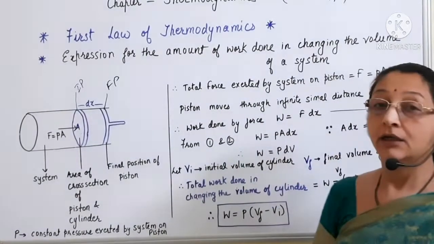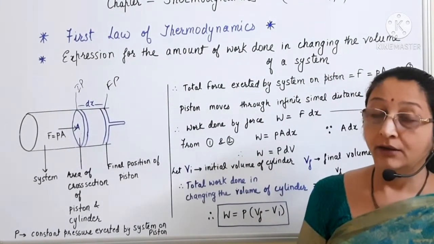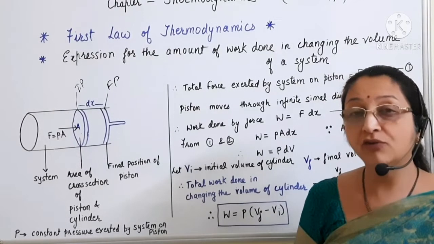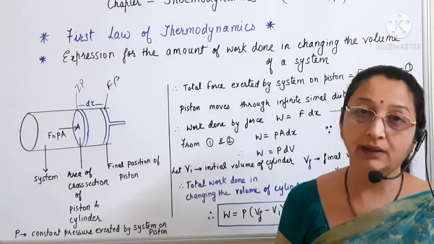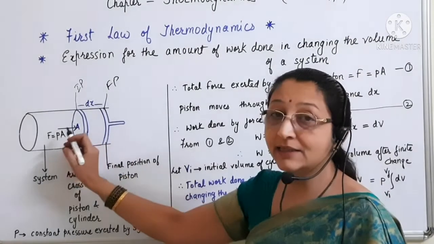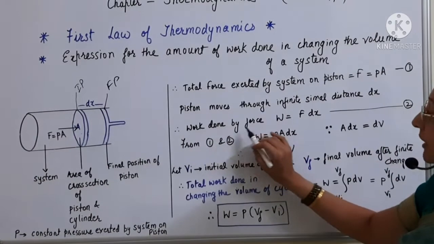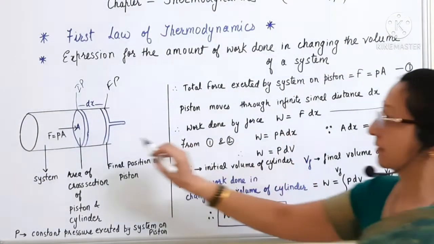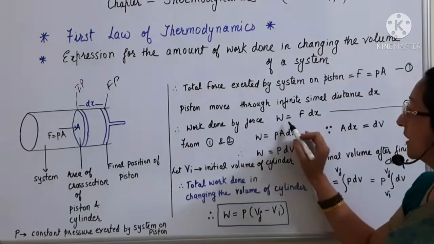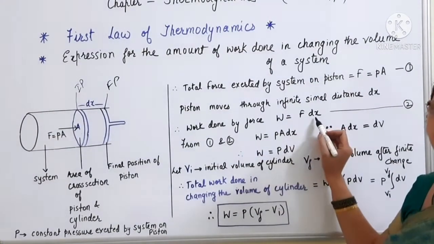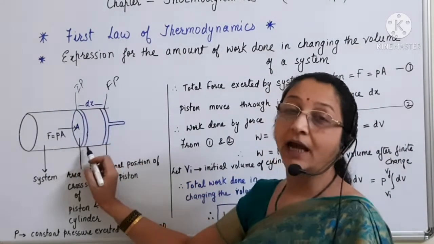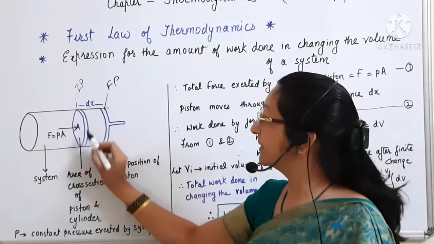Naturally, work is done when there is displacement. We know the formula that work is equal to force into displacement. So how much work is done here by the system? The work done by the force is W equals F into dx, because F is the force exerted on the piston and dx is the displacement of the piston.